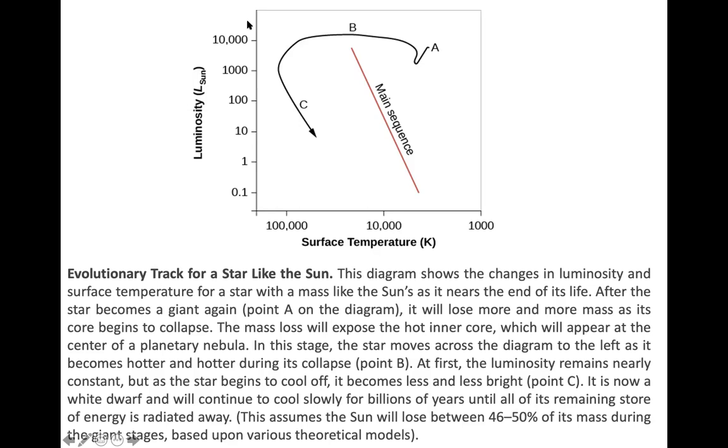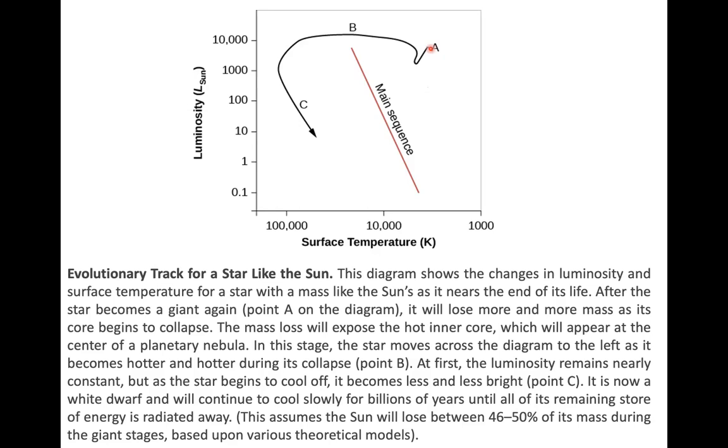And after the star becomes a giant star, let me show this to you. Giant star, which is this particular point right here, it will lose more and more mass as the core begins to collapse, right?